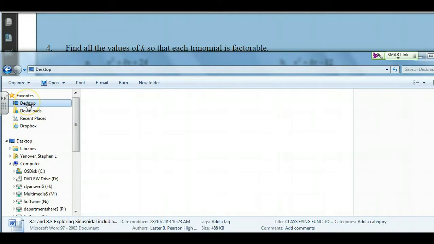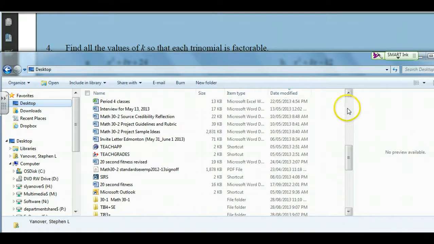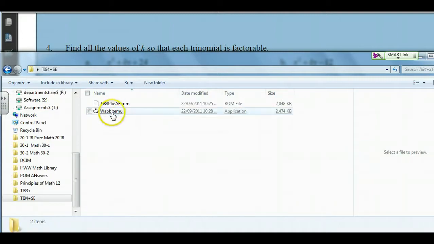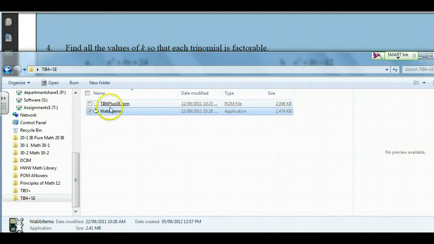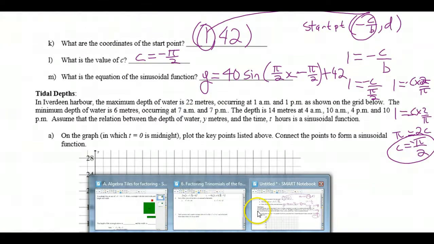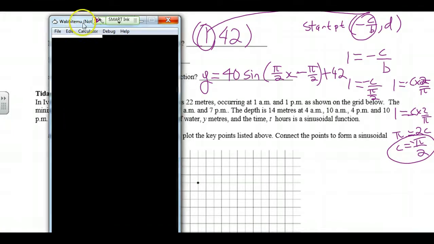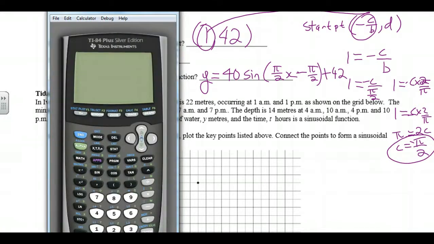Did you all hear that? Somebody said, oh my God, it works! Or words to that effect. I'm trying to find my calculator still. Here we go. Okay, where are you? It's not responding.